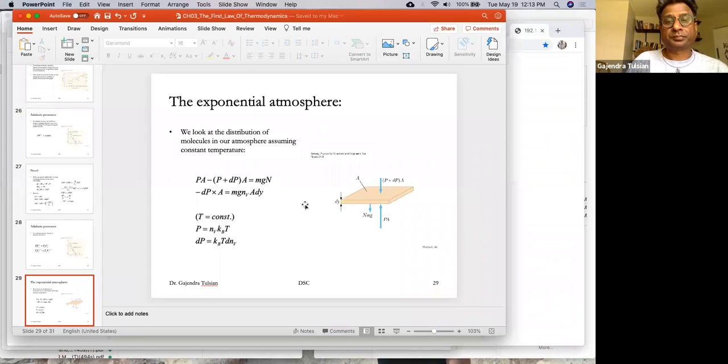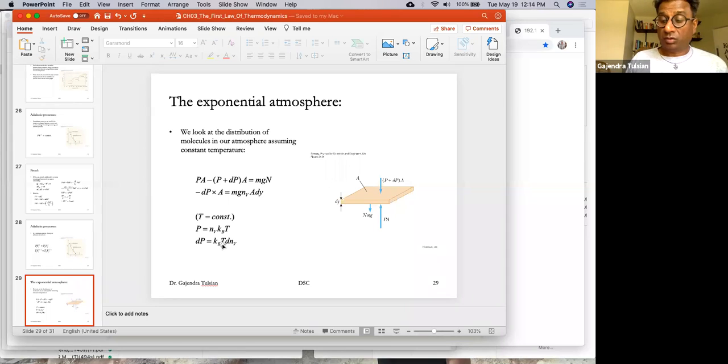So the weight of this slab is being supported by the higher pressure at the bottom. So dP has to be negative. This is the upward force, that's the downward force. So negative or negative would make this positive. What this shows you is dP times A equals mg, with n/V times A dz.